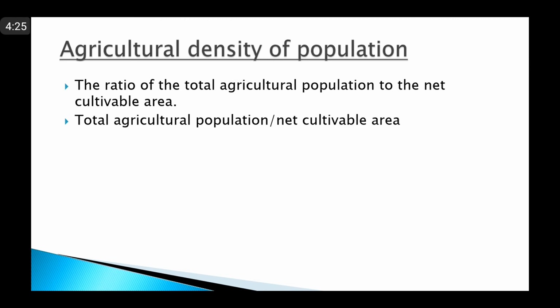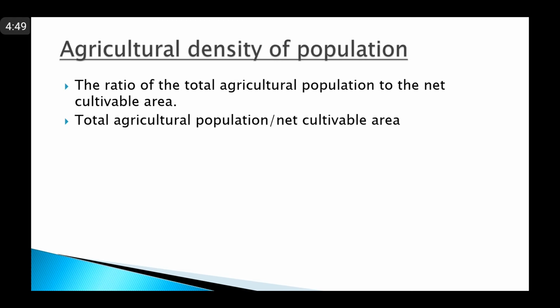Now the third one is the agricultural density of population. What is this? It is the ratio of the total agricultural population to the net cultivable area. Clear? And how is it calculated? Total agricultural population divided by net cultivable area.